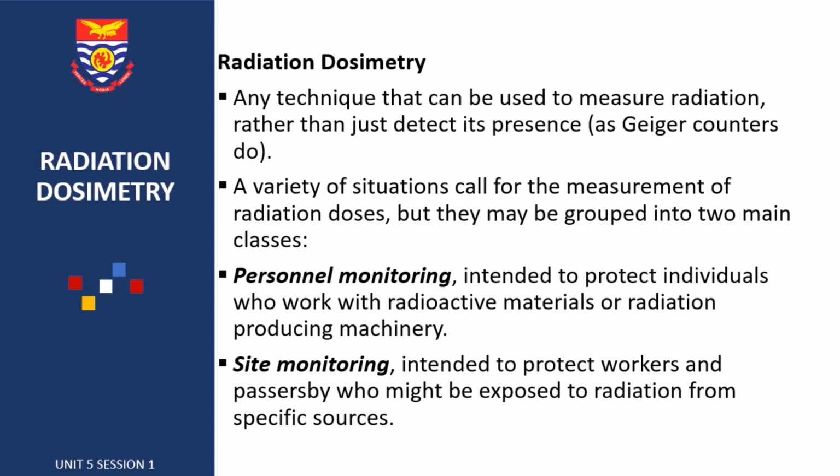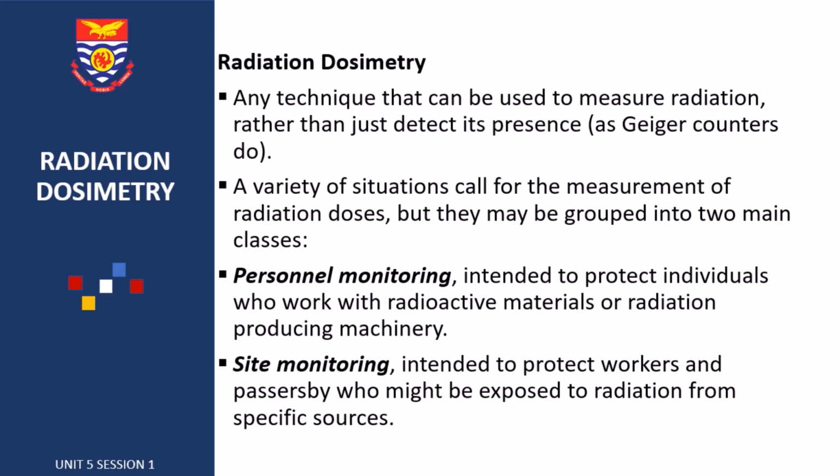The first one is personnel monitoring. Personnel monitoring is intended to help protect individuals who work with these radioactive materials or radiation-producing machinery. So this personnel monitoring is basically for those who work with these radiation-producing machines.